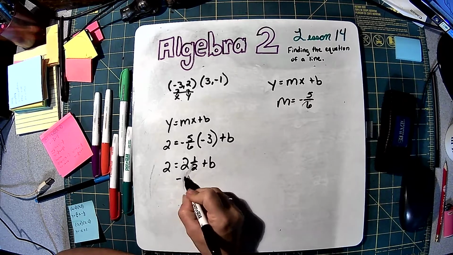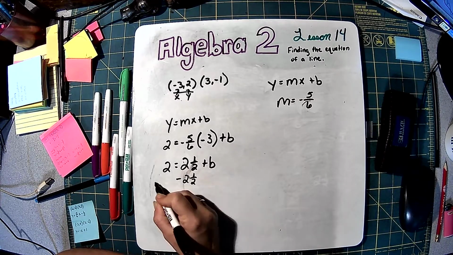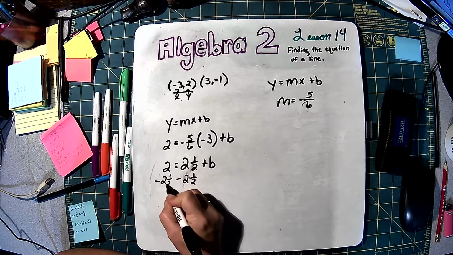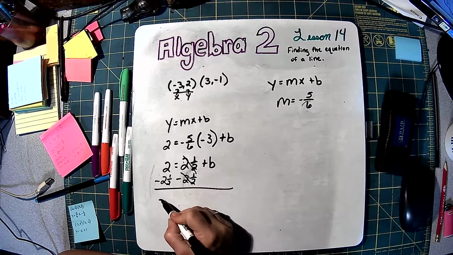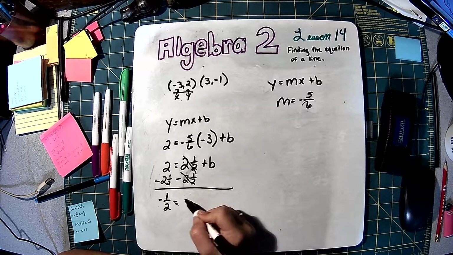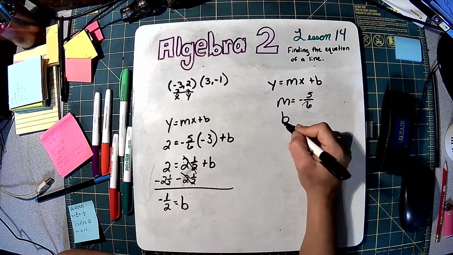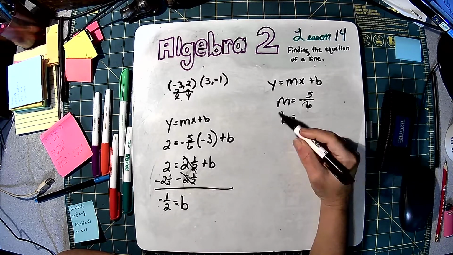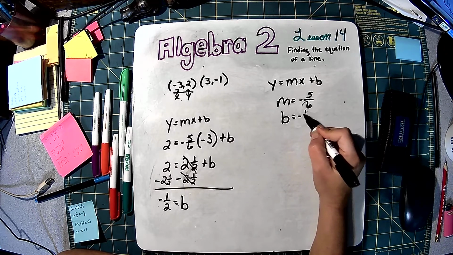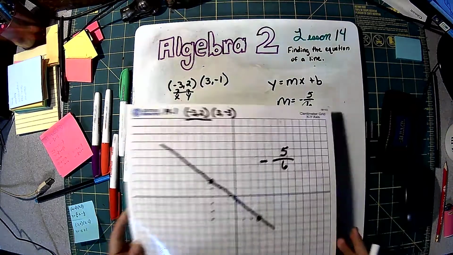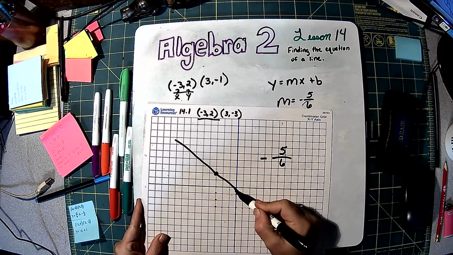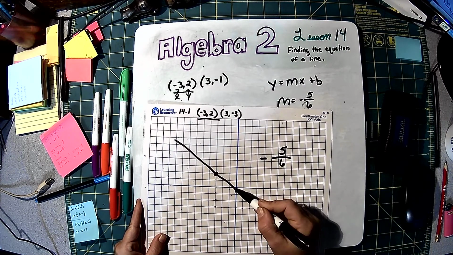All right, now we have to subtract 2 1/2, and we're going to get -1/2 equals b. So our b, our y-intercept, where it crosses the y-axis, is going to be -1/2. And if we look on where we plotted this, you can see how that is true. So that would be -1/2 right there, halfway between 0 and -1.